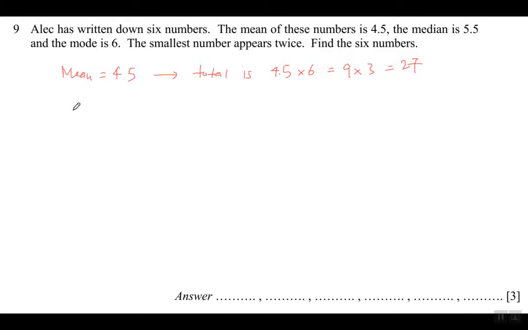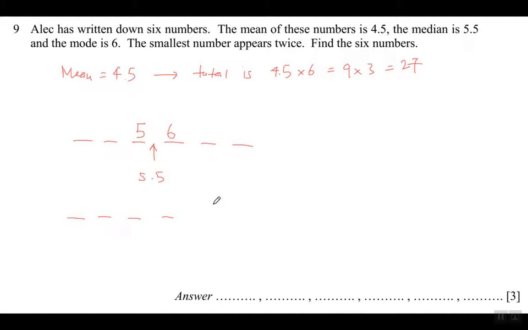Okay, and the mode is 6. The median is 5.5. There are 6 numbers, so if the median is 5.5, that tells me that the middle two numbers are 5 and 6.